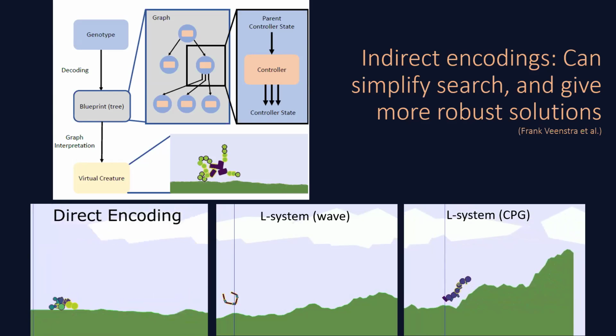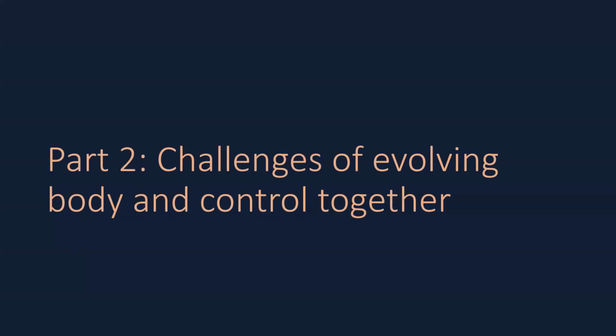What's changed in the last 25 years of evolutionary robotics, since the direct encoding of Lipson and Pollack and the indirect encoding of Hornby and Pollack, using L-systems? What's changed in evolutionary robotics in the last 25 years?